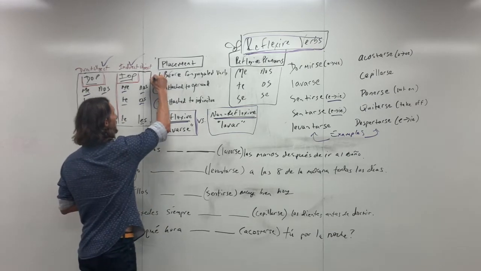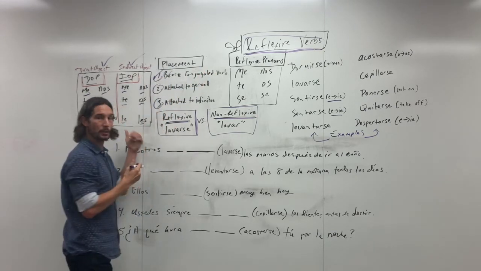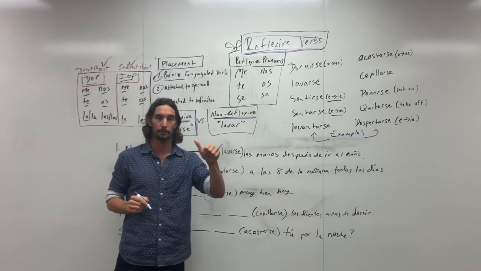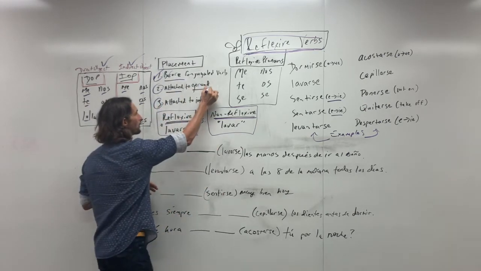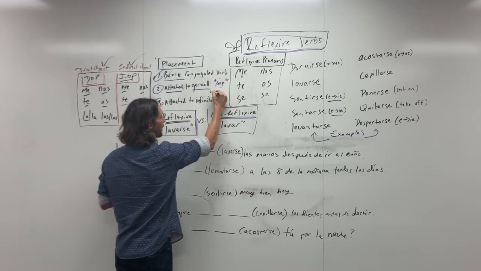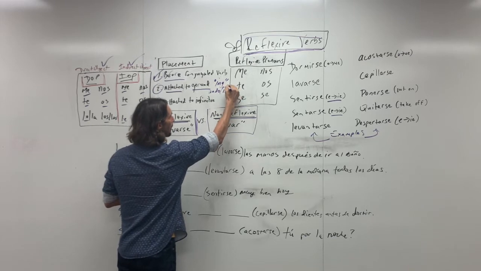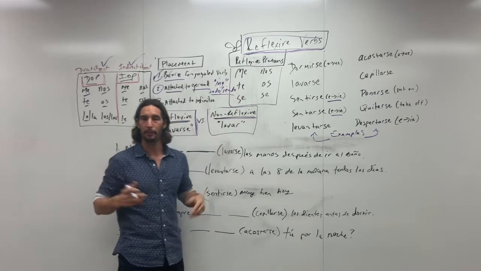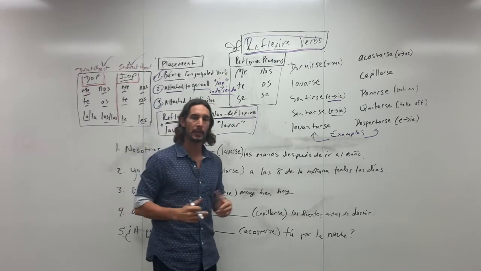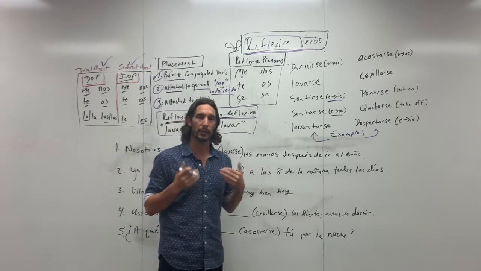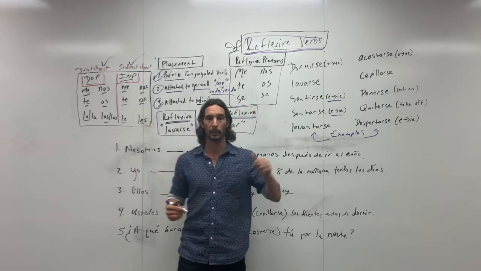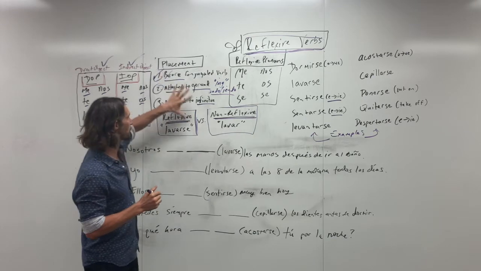That means these pronouns can go before a conjugated verb, can go attached to a gerund, which, as a reminder, is your ing, or in Spanish your ando or your yendo. That's just what we nickname it. And they can be attached to an infinitive, which is an unconjugated verb. You can attach these pronouns to all three of these places.